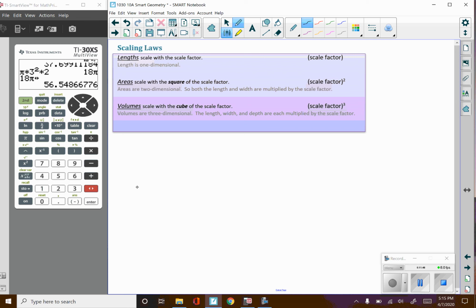So for example, if I have a little block, and I scale each side by a factor of 2, so that it's twice as wide, twice as deep, and twice as high, we can talk about how that changes its surface area and how that changes its volume.